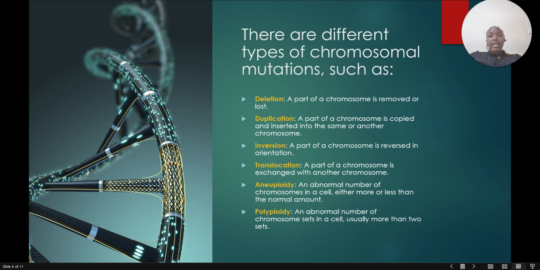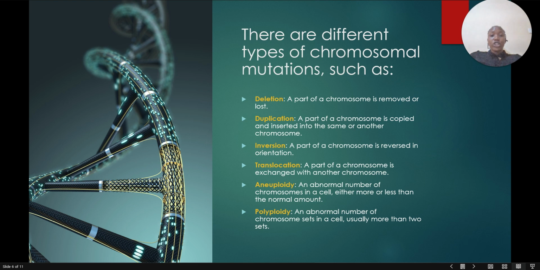I will explain each. In deletion, a part of a chromosome is removed or lost. In duplication, a part of a chromosome is copied and inserted into the same or another chromosome. In inversion, a part of a chromosome is reversed in orientation.